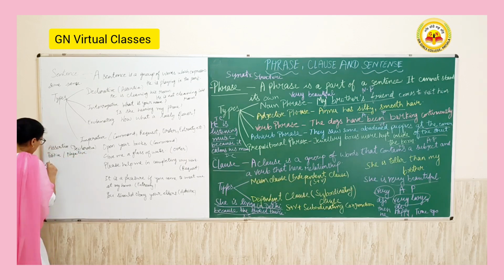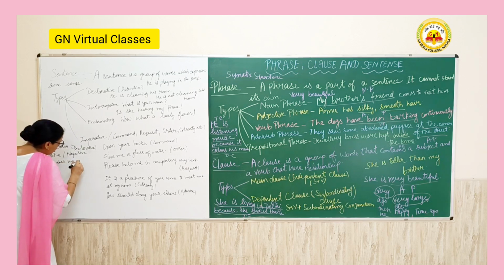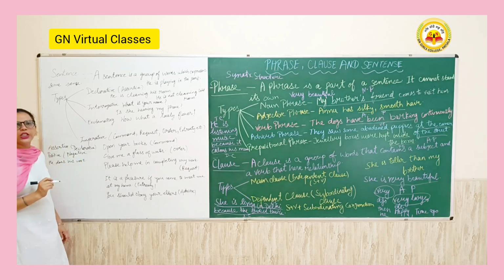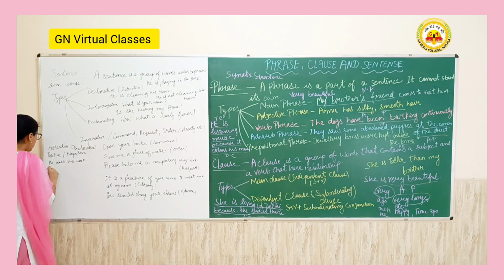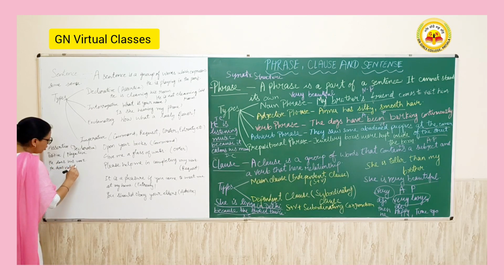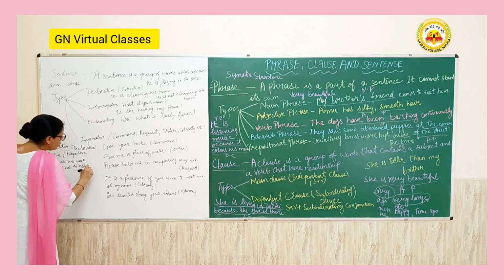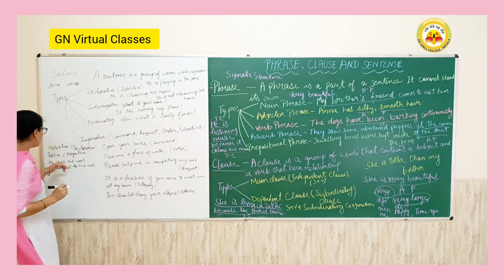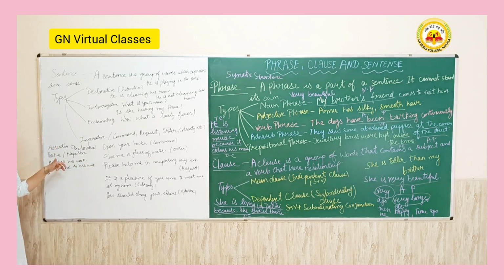Like, he does his work. You have to change it into negative. He does not do his work. Here do is an action verb. So I write do here.